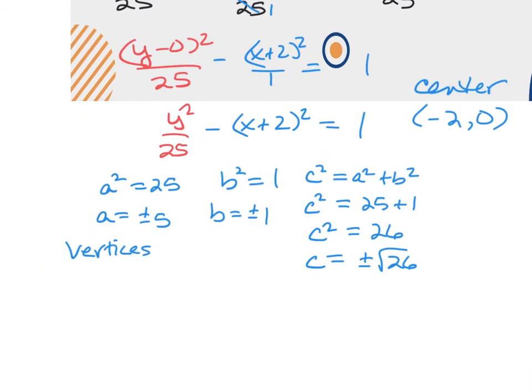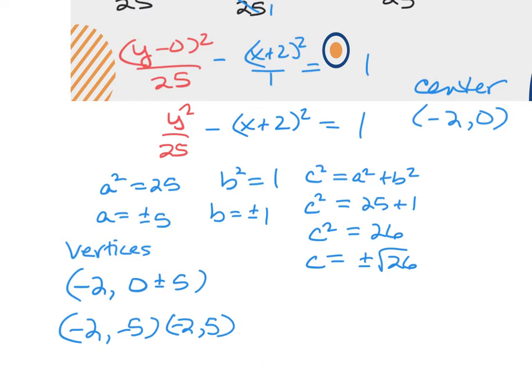So I'm going to be adding the a value to the y. So 0, and it'll be plus or minus 5. So -2, -5, -2, +5. These are the vertices. The foci will be -2, -√26, -2, +√26.